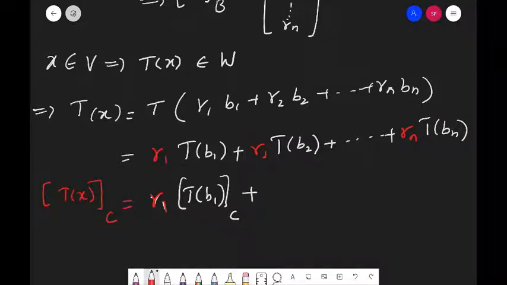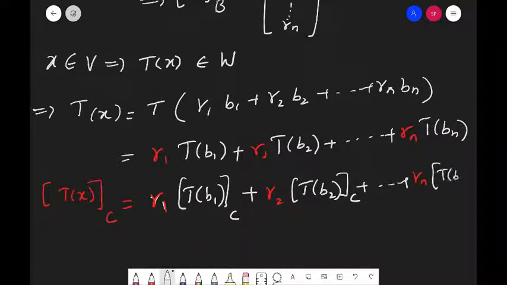Because T of B1 will be there in W. R2 into the coordinate vector of T of B2 with respect to C plus and so on, Rn into the coordinate vector of T of Bn with respect to C.